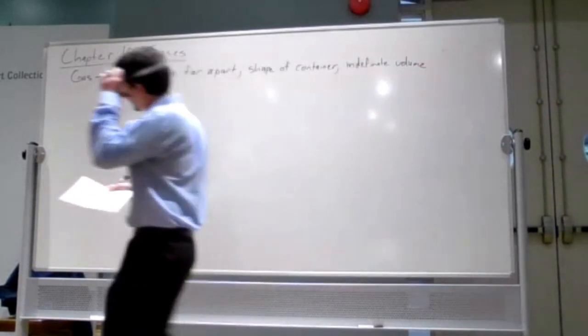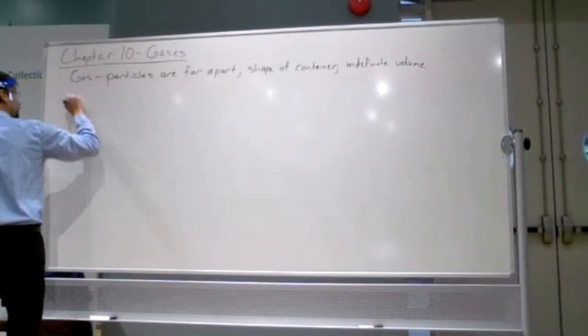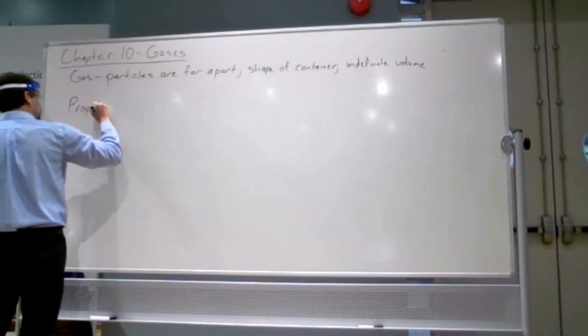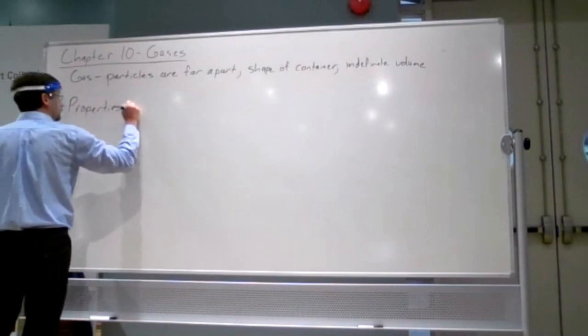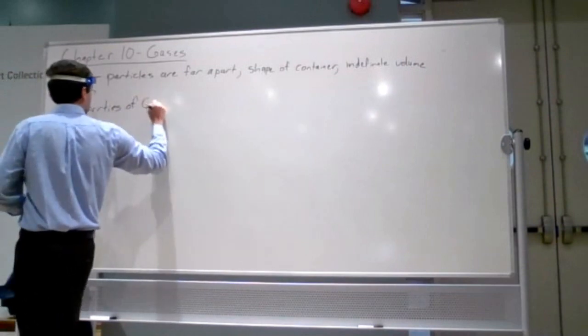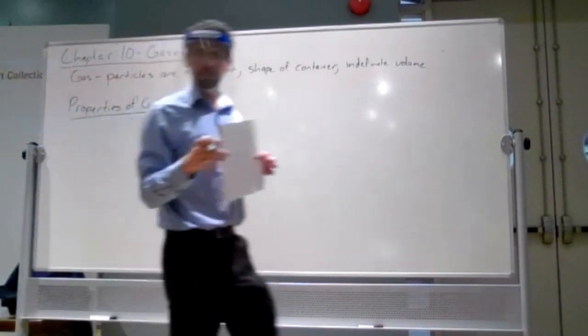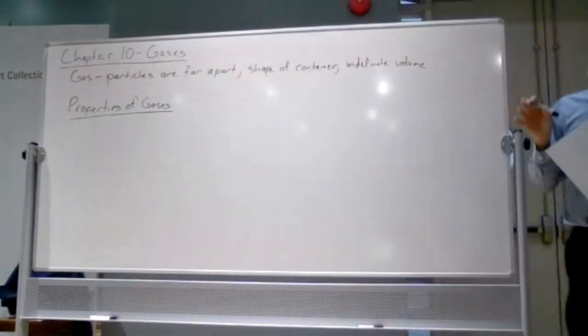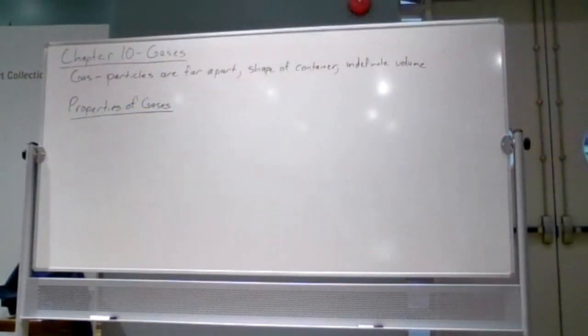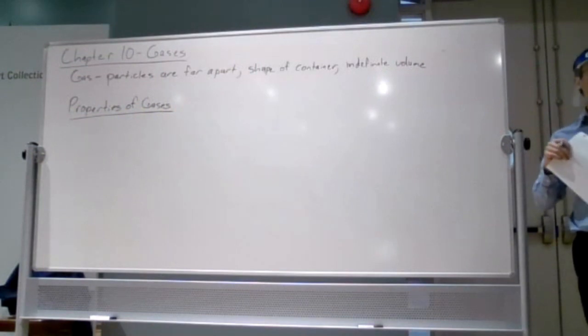Okay, so let's talk about different properties of gases. If we know these tidbits of information about the gas, we can predict a lot about its behavior. Tell me something that influences the behavior of a gas. Any properties?